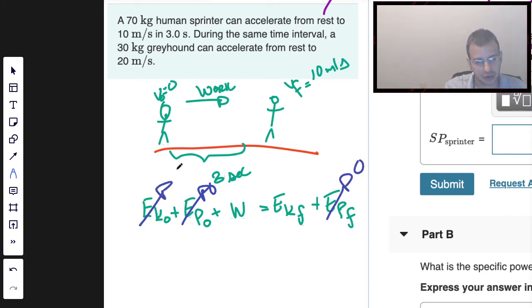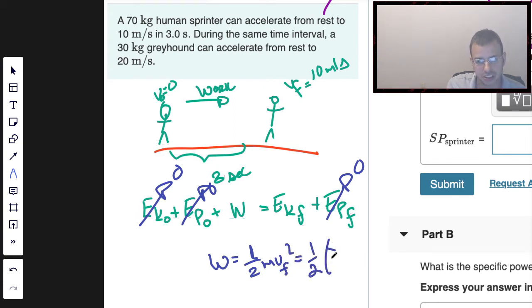All right. He doesn't go up or down, so potential energy stays the same. He starts from rest, so his initial kinetic energy is going to be 0, because kinetic energy is energy based on motion. So the work done is going to be 1/2 m v final squared, which is 1/2 times the mass, which is 70, times the velocity final, which is 10 meters per second, squared.